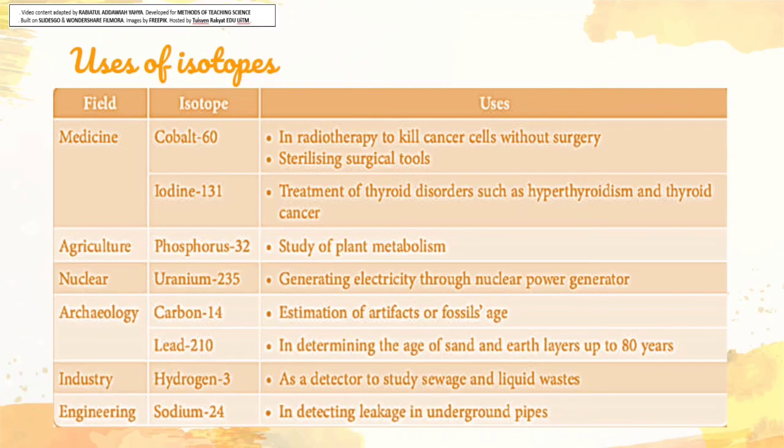And lastly, in the field of engineering, sodium-24 is used to detect leakage in underground pipes. Development in the field of science, specifically chemistry, has maximized the use of isotopes in various fields. Isotopes are used for sustainability of life. The use of isotopes causes both positive and negative effects on the environment and society.